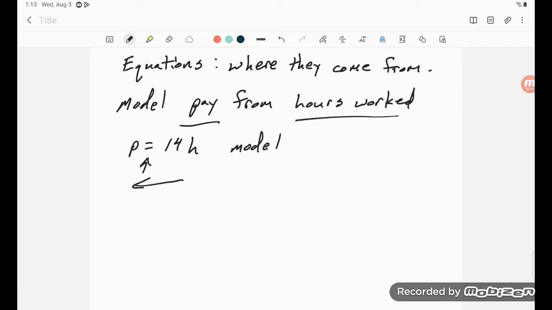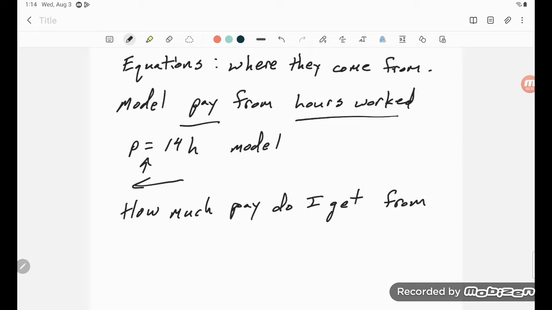Okay, now, but where it becomes an equation is I could ask, how much pay do I get from 4 hours work?